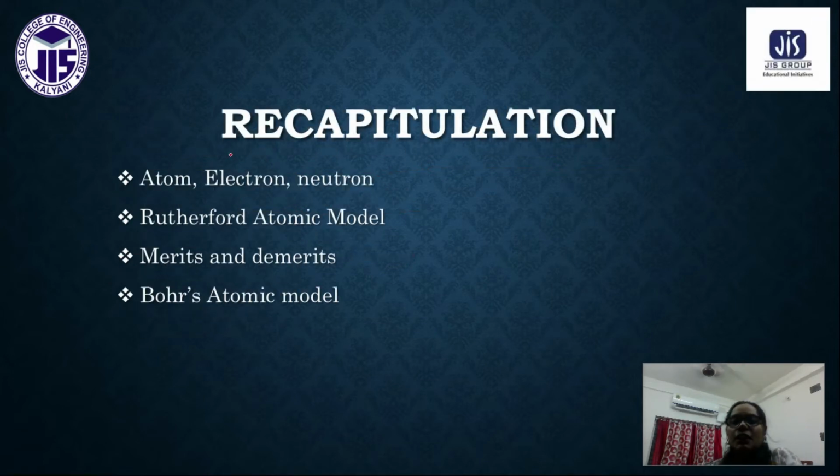This is the recapitulation of whatever we discussed in my previous class, just at a glance. You now know about atomic structure. You can explain what atoms are, what electrons are, and what the constituents of the nucleus are. You also know about the Rutherford atomic model, and the conclusions we get from the Rutherford experiment.